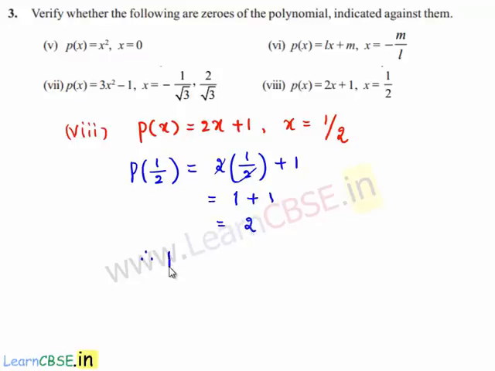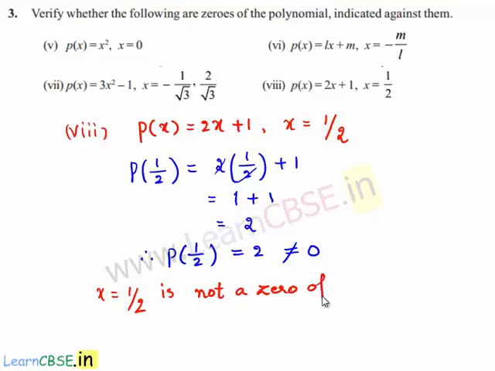Therefore, P of 1 by 2 is equal to 2, which is not equal to 0. By the definition, we can say that x is equal to 1 by 2 is not a 0 of the polynomial. This is because P of 1 by 2 is not equal to 0.